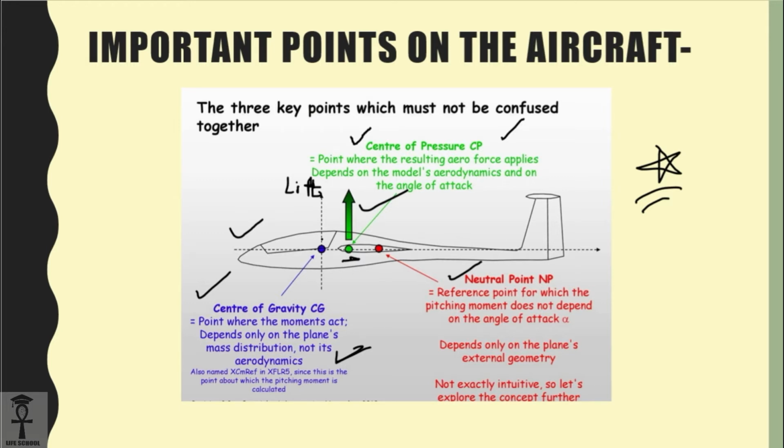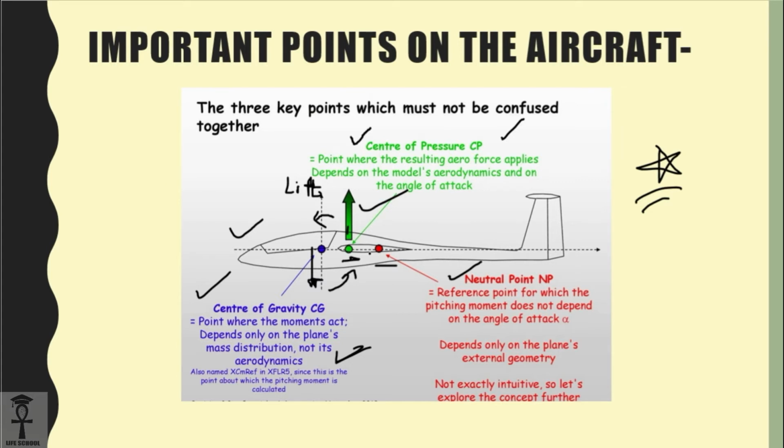The neutral point is basically the one where the net moment acts on the plane. I would like to talk about the moment here. The weight force is acting downward, and at the center of pressure the lift force is acting upward. This will generate a moment, a couple we can say.